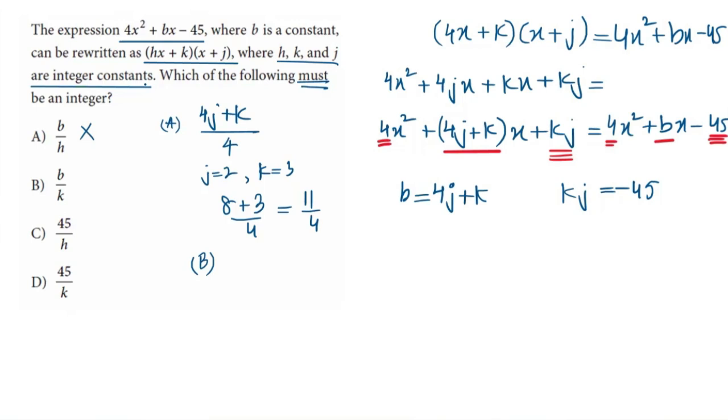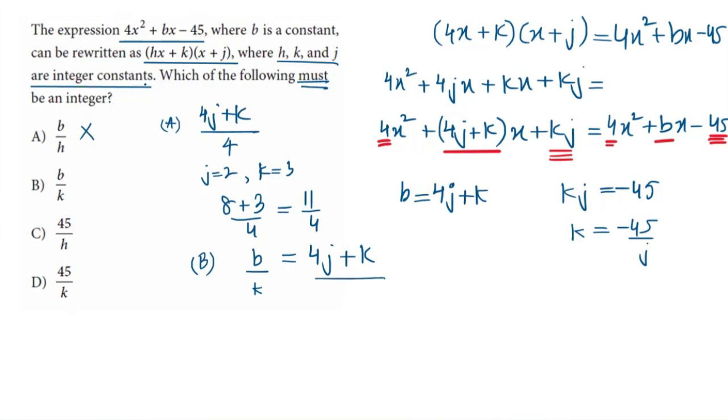Okay, so what is b divided by k? I do not have k right now, but I know that b is 4j plus k. Okay, let's get k. k is some integer, and this will be minus 45 divided by j.